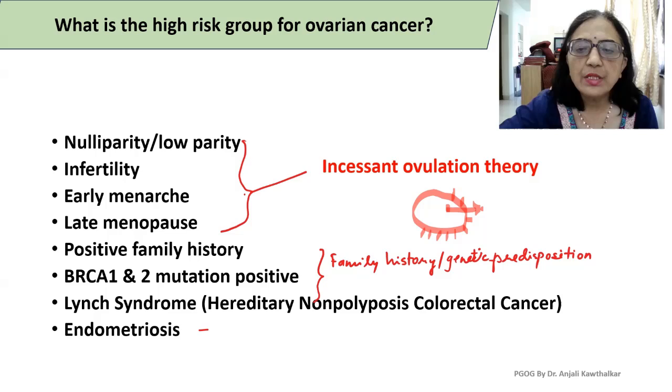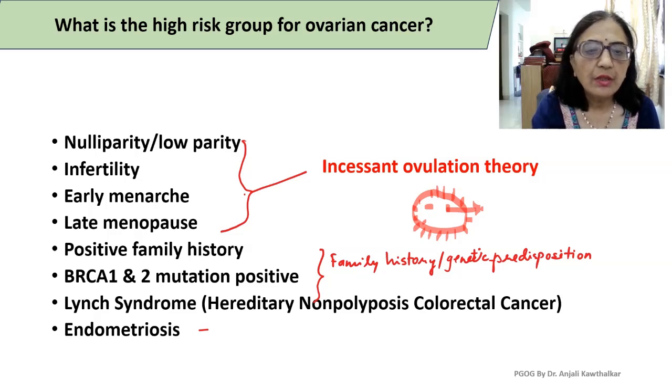Though the repair takes place, there is a repeated trauma which is taking place throughout the reproductive life over the ovarian surface. And the more the ovulatory cycles, in short, the more will be the risk of ovarian cancer. That is what is meant by this incessant ovulation theory.